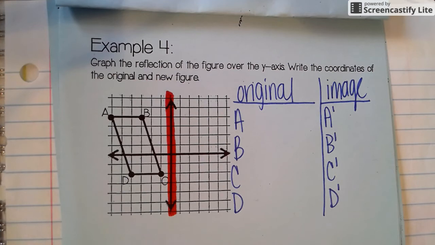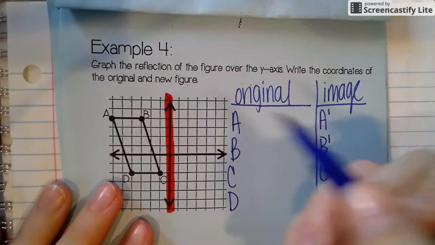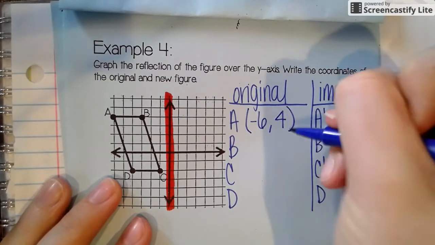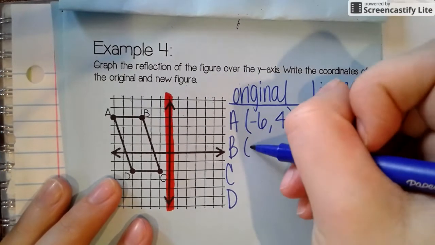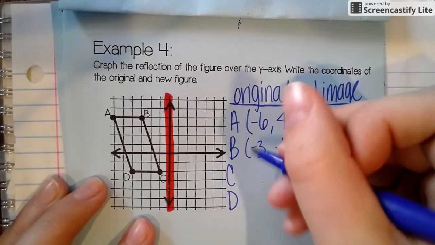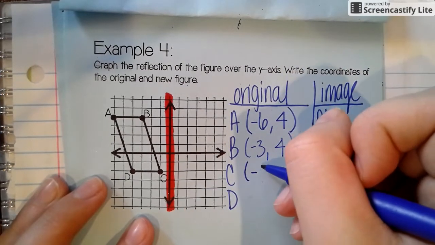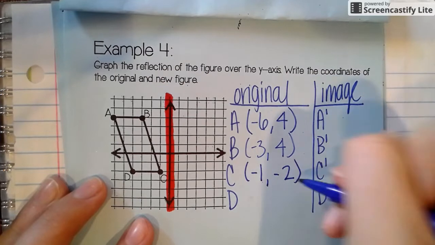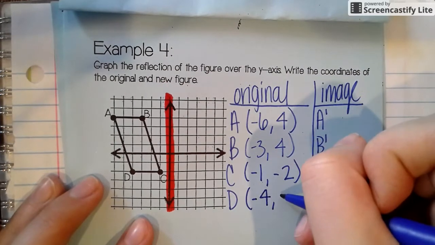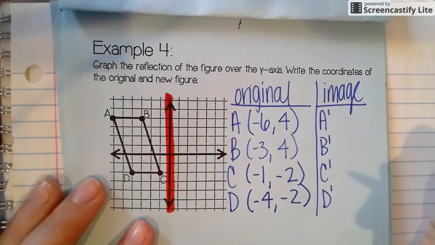But before I do that, I have to label my points. So A is -6, 4. B is -3, 4. C is -1, -2. D is -4, -2. So these are my points.